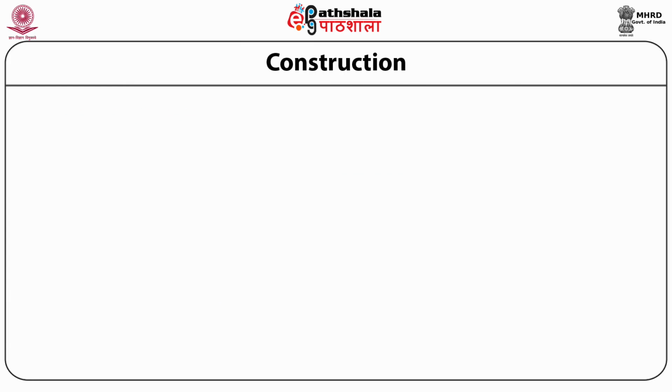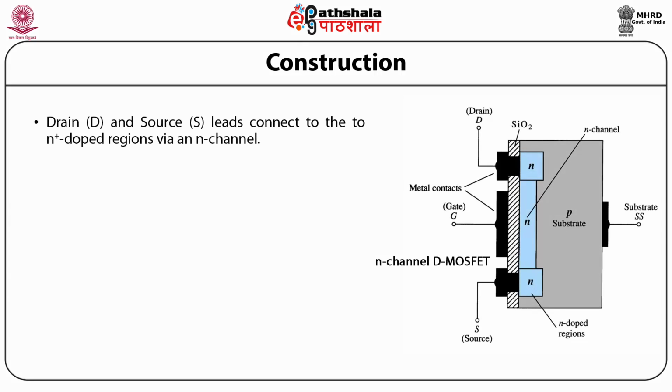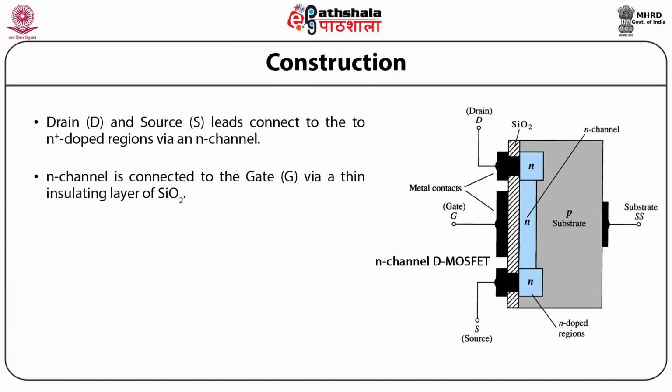So students, let us now discuss the construction of the N-channel depletion mode MOSFET. This shows the schematic of the depletion mode MOSFET. Here the drain and the source leads are connected to the N plus doped regions via the N channel, and the N channel is connected to the gate G via a thin insulating layer of SiO2.